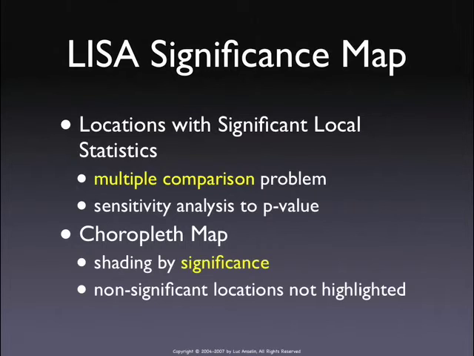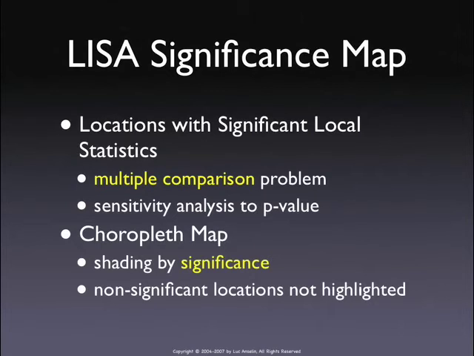So if we do 3,000 tests, and our target value is 0.05, then using the Bonferroni rule, our p-value should be 0.05 divided by 3,000, which means basically we'll never get anything that is significant. And forget about 100,000 data points. So that doesn't really work.